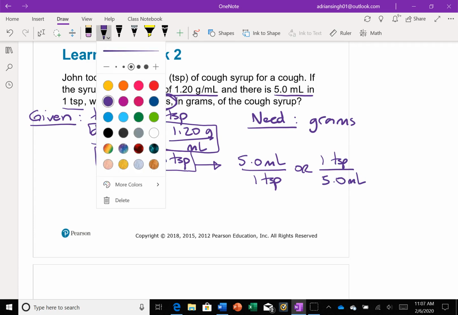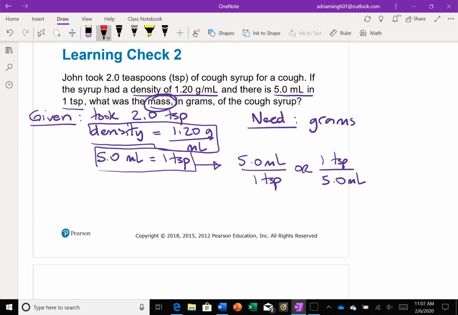When we set up our problem, we're going to start with what's given, which was the fact that he took 2 teaspoons of cough syrup. Then I can take one of these 2 conversion factors. If I want teaspoon to cancel, I'm going to take the one that has teaspoons on the bottom.